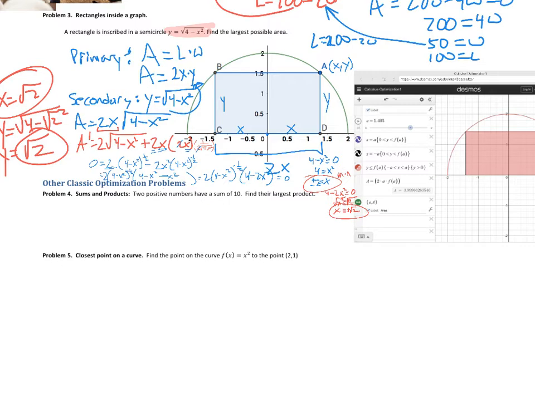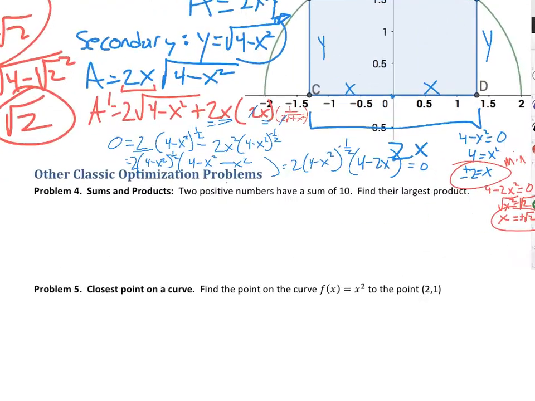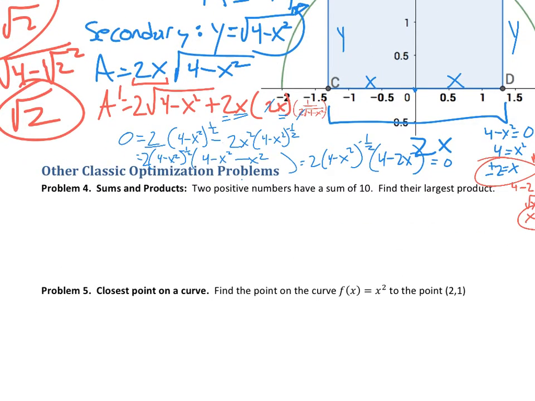Here are some classic optimization questions. Find two positive numbers that have a sum of 10 but have their largest product. You can go through and guess and check this pretty quick, but let's try this out. We want the largest product, so maybe P for product equals x times y, the two numbers multiplied.